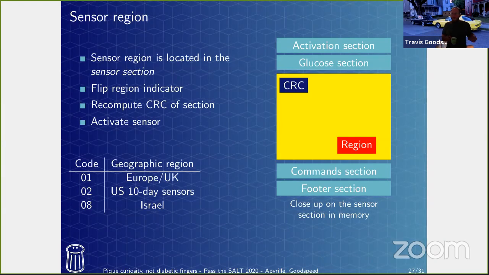If you want to continue using your old equipment, you need to import foreign sensors and then change the region byte, which we can do, and then modify the CRC in order to make the reader believe that it has always been a part of the new region. If you do this before activation and continue along, then everything works fine.